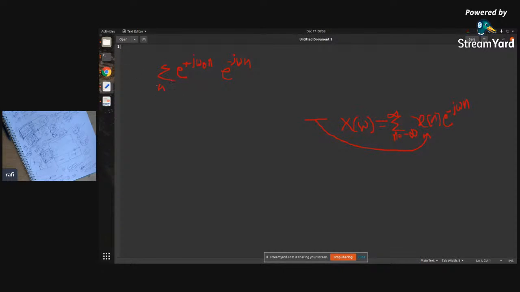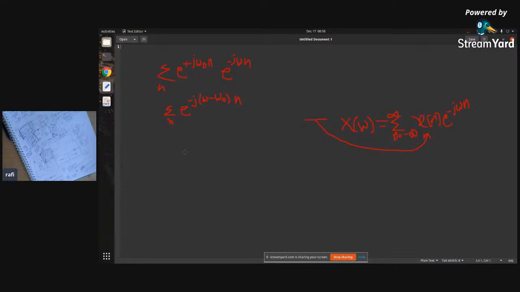This is x of omega. So now this is nothing but e power minus j omega minus omega naught n, taking minus j common.